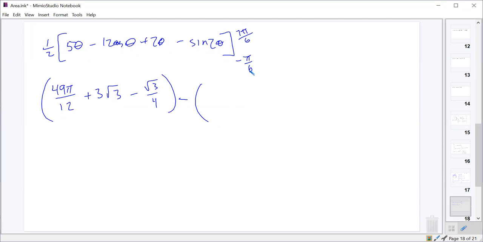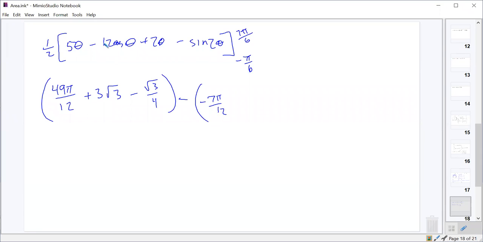So the 7 theta over 2 ought to become a negative 7 pi over 12. And the cosine of negative pi over 6 ought to be a positive root 3 over 2.